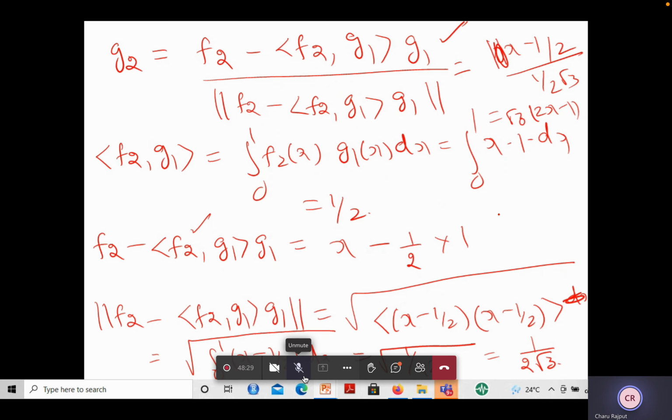See, it is simple: integrating ax plus b the whole square from 0 to 1 gives ax plus b the whole cube divided by 3 a, but a is 1 here. So it is simply x minus 1 by 2 the whole cube divided by 3, and then substitute the limits. Now clear? Yes, ma'am.